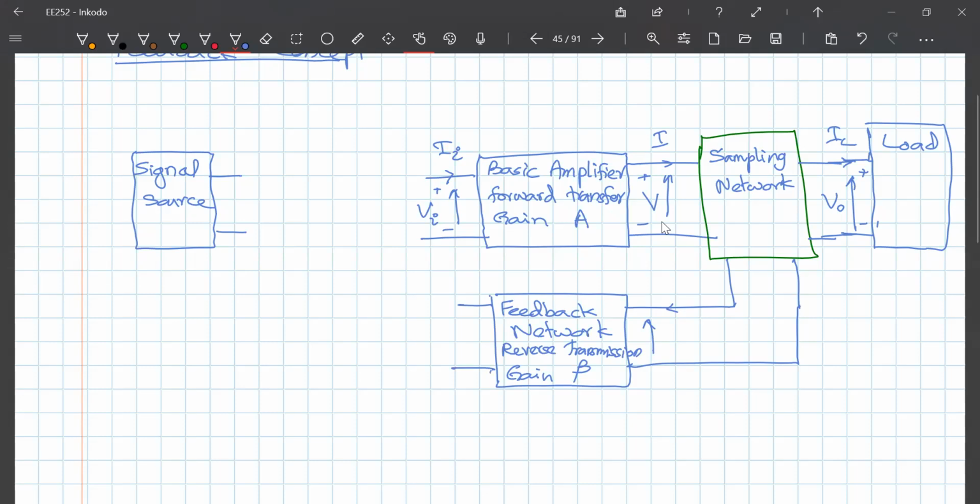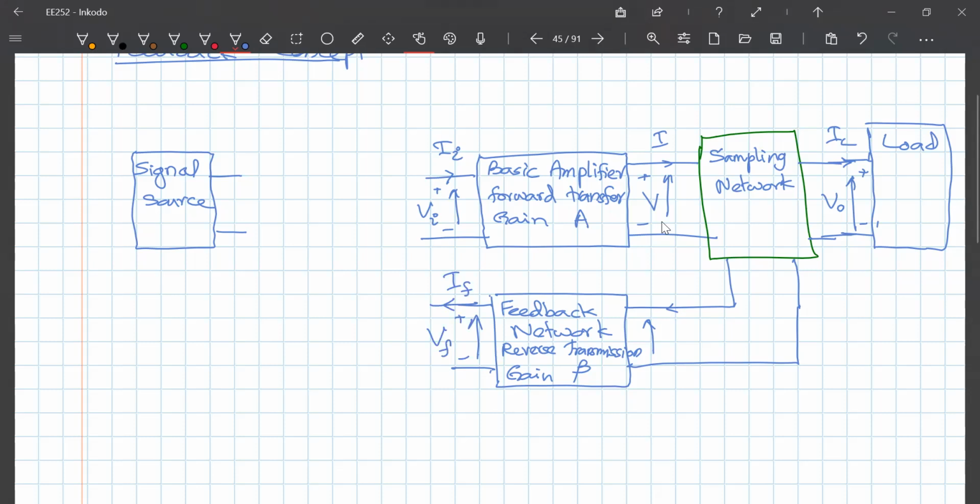So again, the output can be a voltage or a current that we don't know. Again, each of these blocks, the quantity that we control or are interested in may be either a voltage or a current.